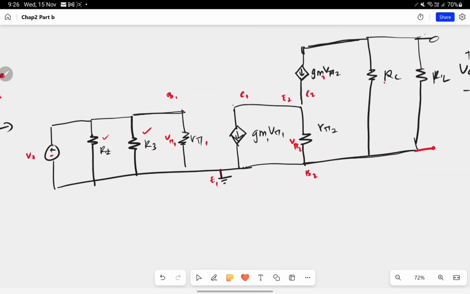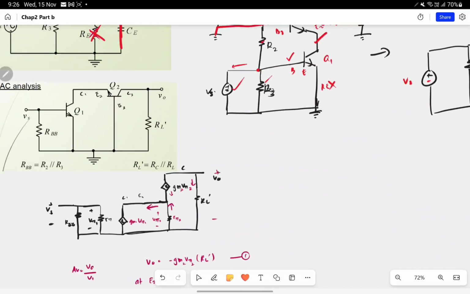Alright, after that I recommend that you make it a simpler circuit by paralleling the parallel resistances. You need to parallel two resistances, so it becomes a simpler circuit.